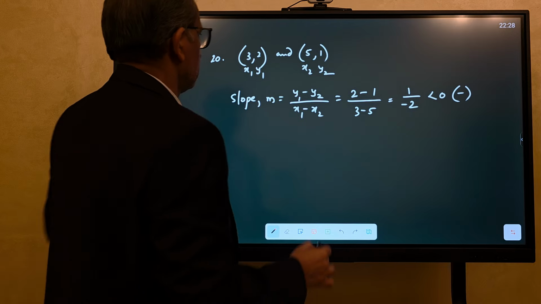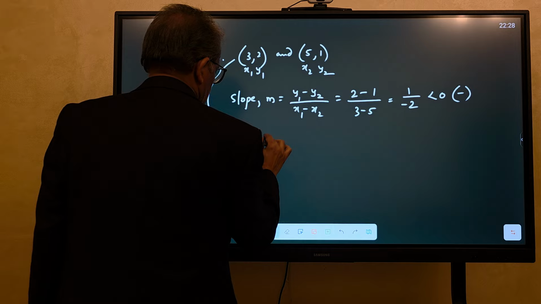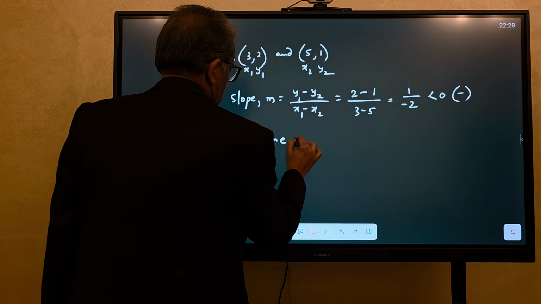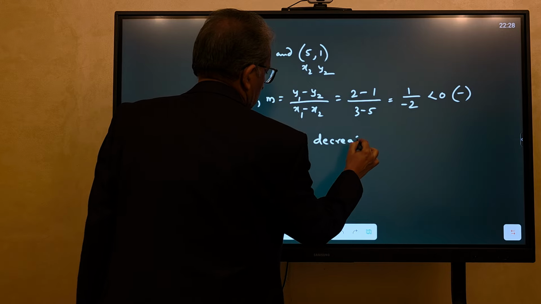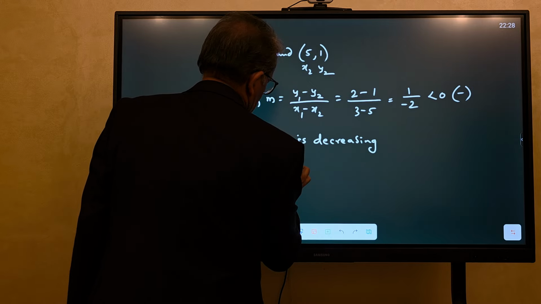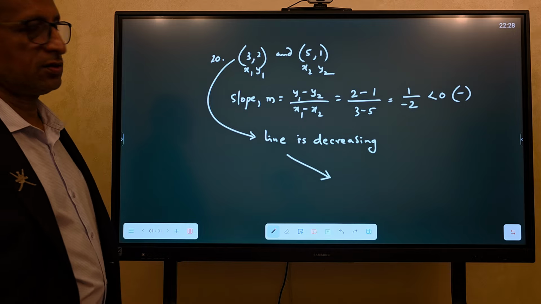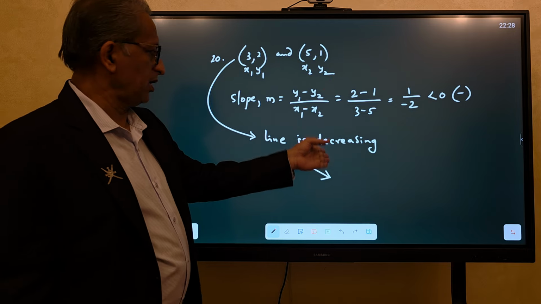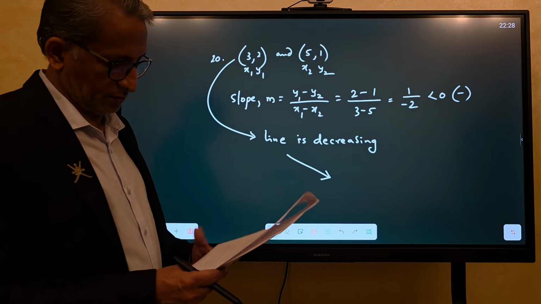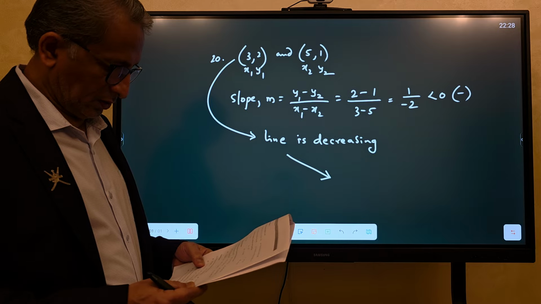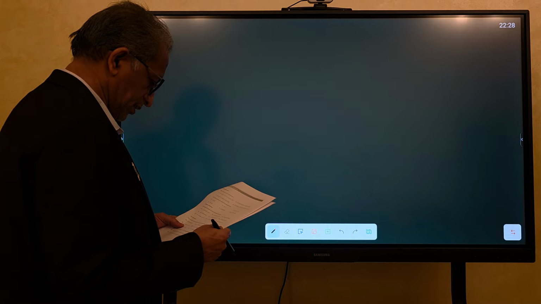Since it is negative, the slope is negative. Therefore the line is decreasing, that is, it is going down, like this with respect to the x-axis. This is how we find the slope, and then we can conclude if we are asked to. Let's take another example.